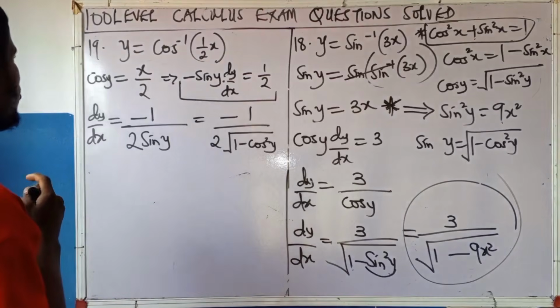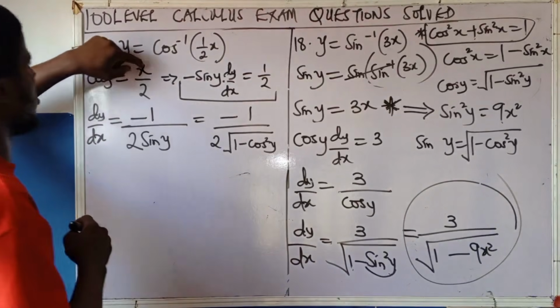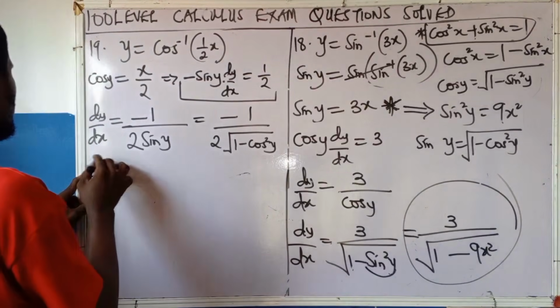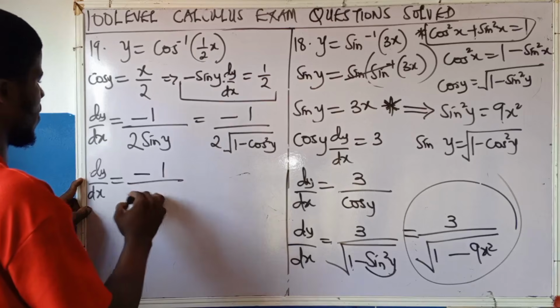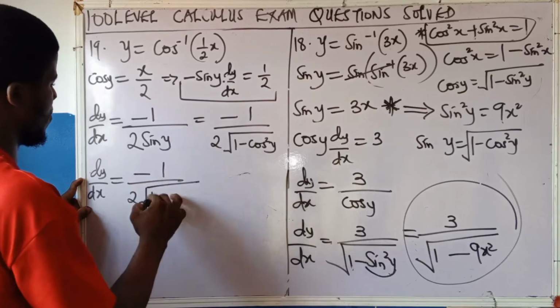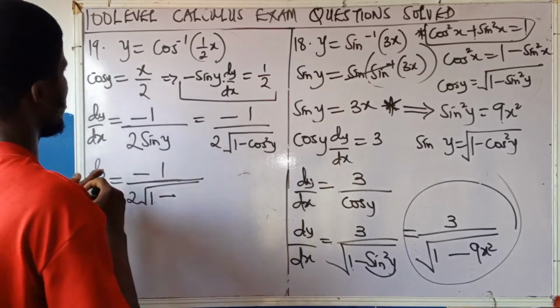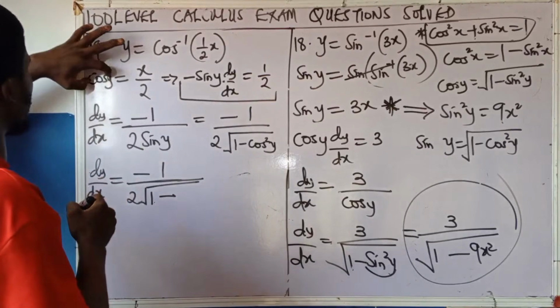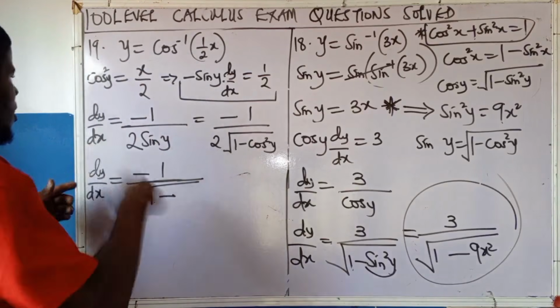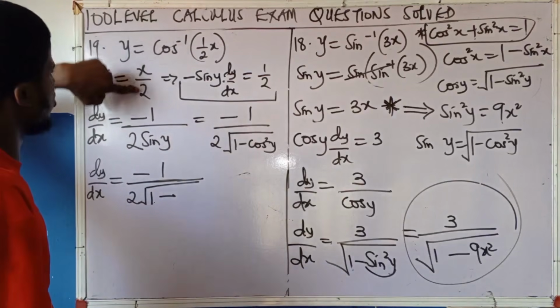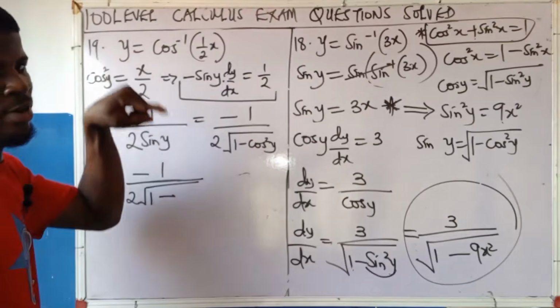Okay, but check. This is cos y equals x over 2. It means that if I square this side, I'll get cos squared y. If I square x over 2, I'll get x squared over 4. Is that correct? Yes.